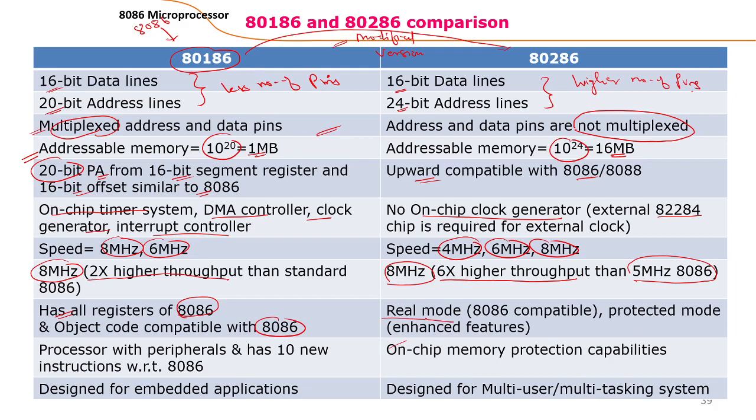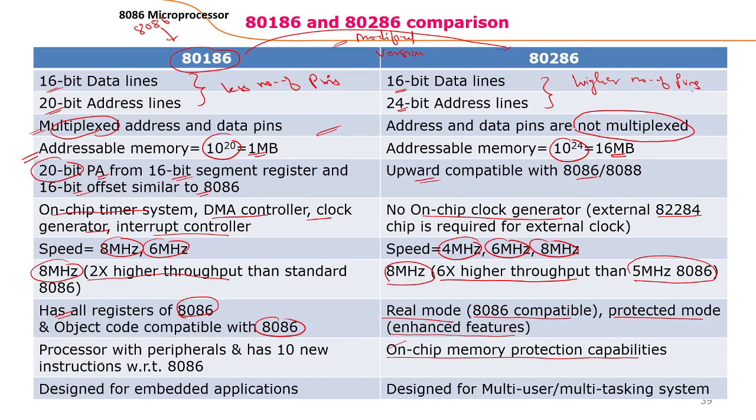If it is working in real mode, that means it operates such that it is compatible with 8086. This is called real mode. If 80286 is operating in protected mode, that means it is working with some enhanced features. One of the enhanced features is that it has on-chip memory protection capabilities.